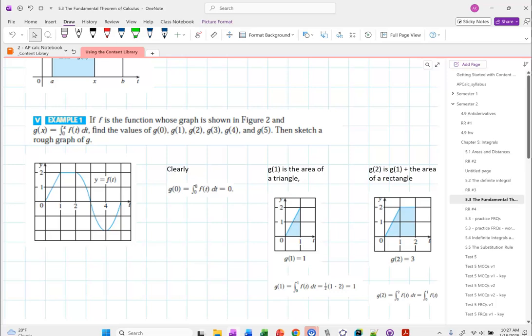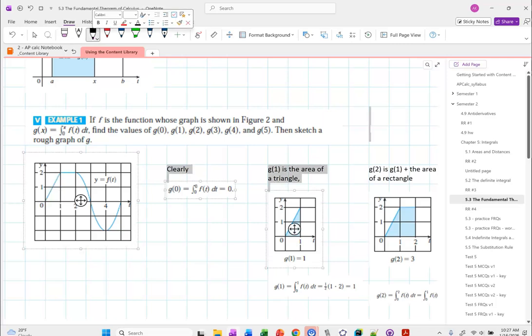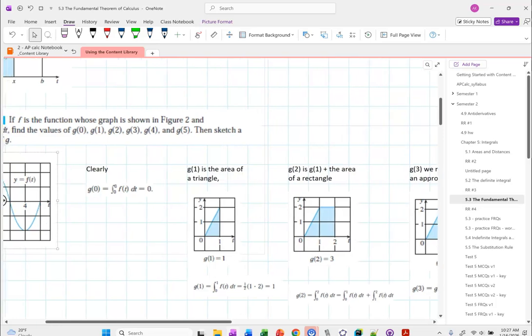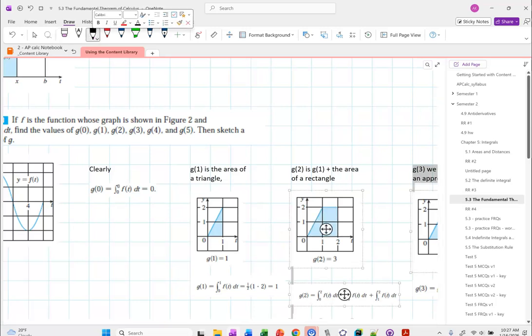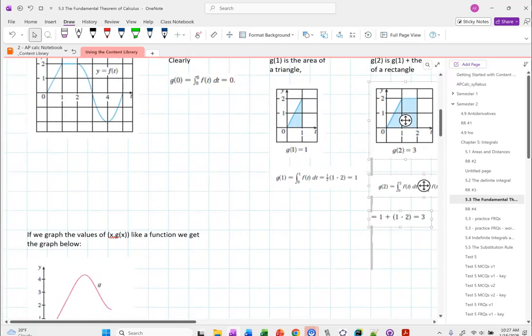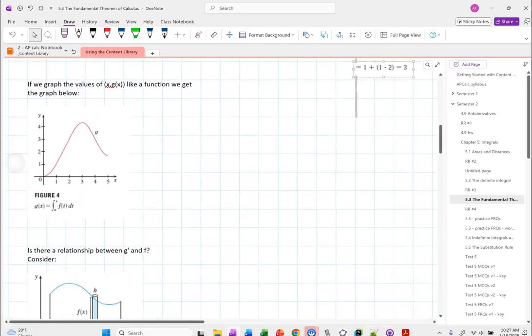If x is 1, then from 0 to 1 is that triangle, so I calculate the area of that triangle. If x is 2, it's going to be the triangle plus this rectangle, right? You guys get the idea here, right? Okay. So this is like an area so far function.